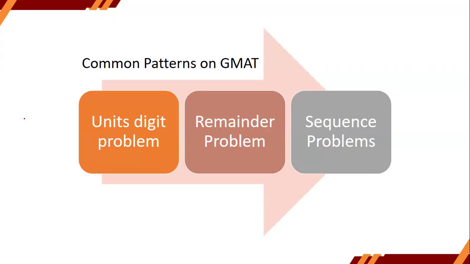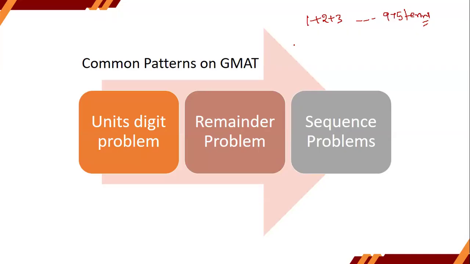For example, if the question asks you to find the sum of, let's say, 1 plus 2 plus 3 till 975 terms like this, right? Is it possible to figure out the sum of all these numbers? No, it is not possible, right? Even with a calculator, it is not practical, right?